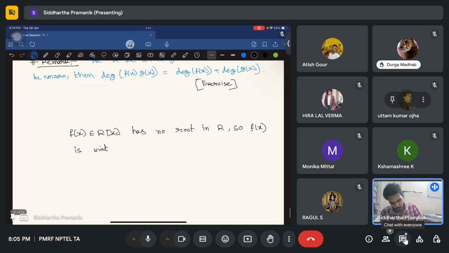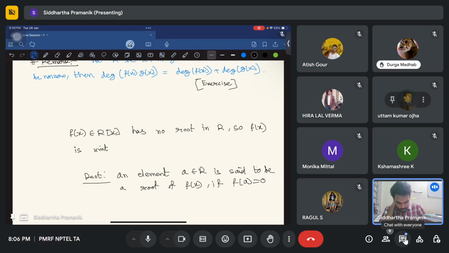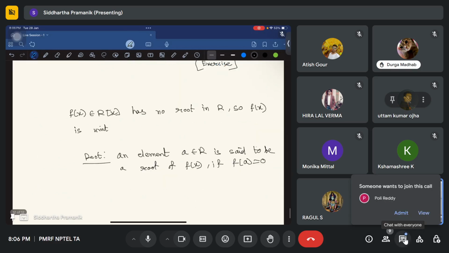So a root means, let's say A belongs to R is said to be a root of f if f of A equals 0. That is the definition of a root, or zero, of a polynomial. So they are saying if it has no root, then it is a unit. You can check whether this statement is true or false.